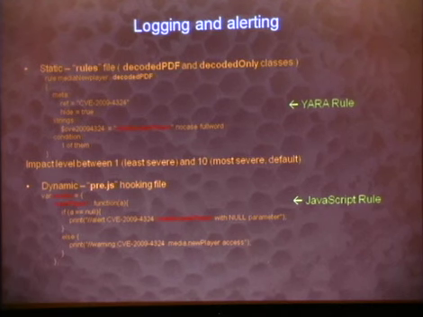There's another type of rule that is necessary to detect these things, and that's a dynamic rule. This is JavaScript, and basically we're creating the object which will execute once the JavaScript actually executes.